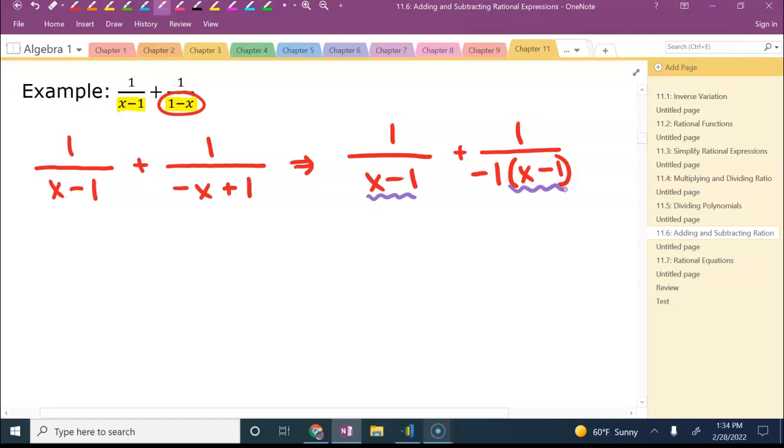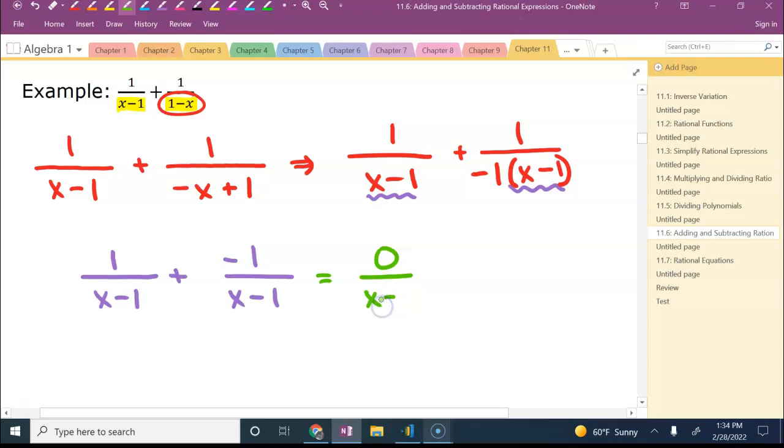Now if I simplify that a little bit, this minus is like 1 divided by negative 1. So it's going to cause that top to become a negative 1. If I add this here, 1 plus negative 1, well, those are opposite, so you get 0 over x minus 1.